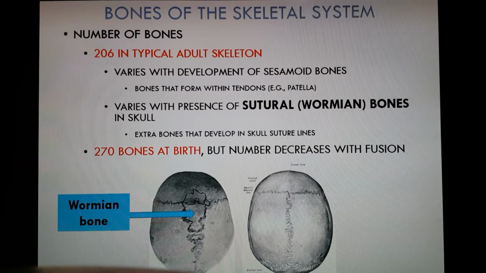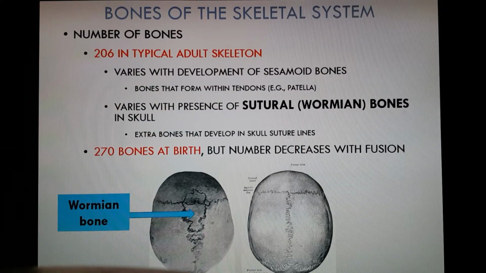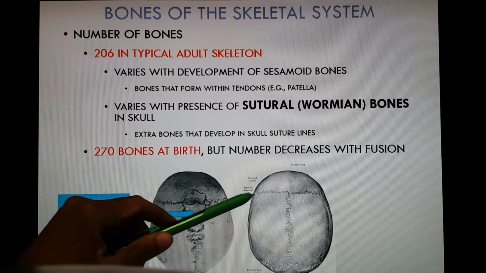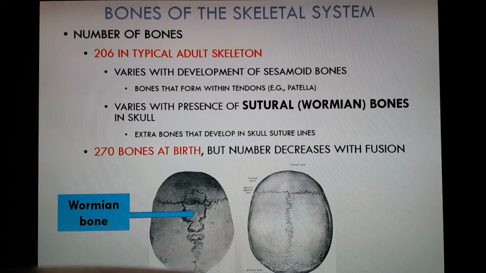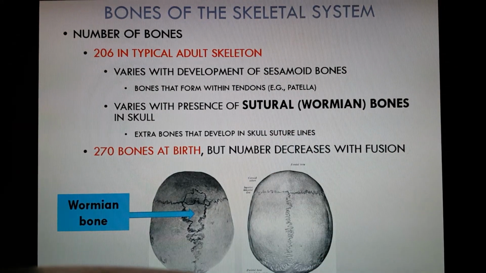One variation, which is kind of a cool one, is sutural bones, also called wormian bones, inside the skull. Here's a picture of it, where instead of a normal development of these sutures at the top of the skull, so remember when I showed you the picture of the infant skeleton where some of that bone is missing, of course needed to squish the head so you can get out of the birth canal.